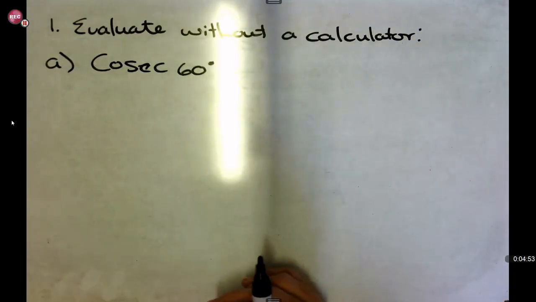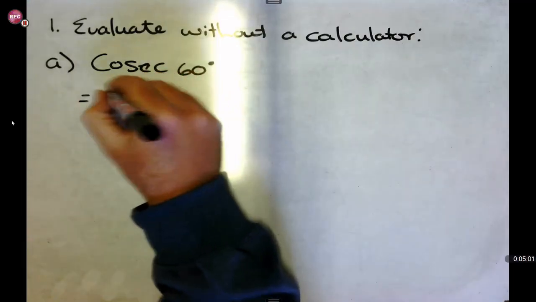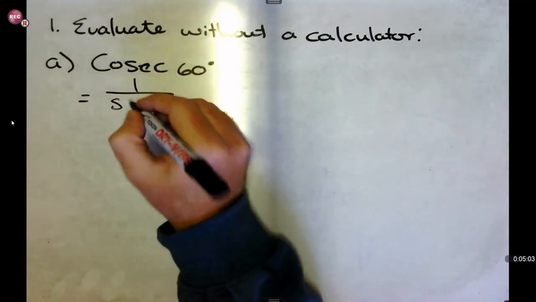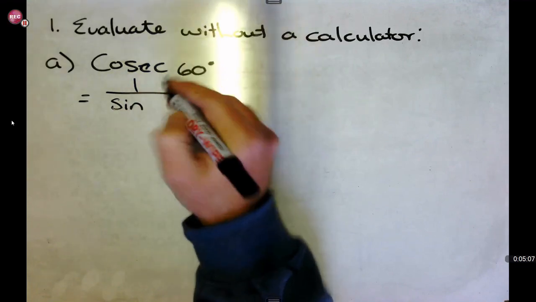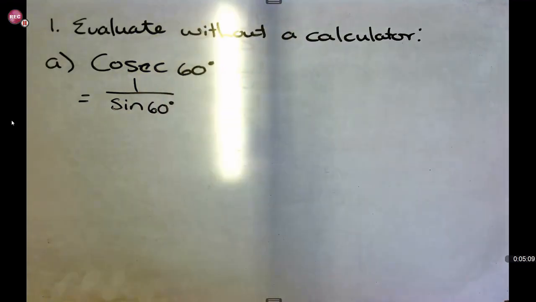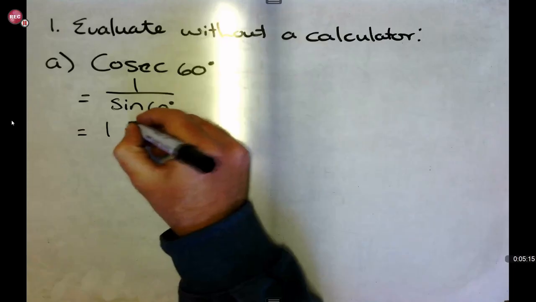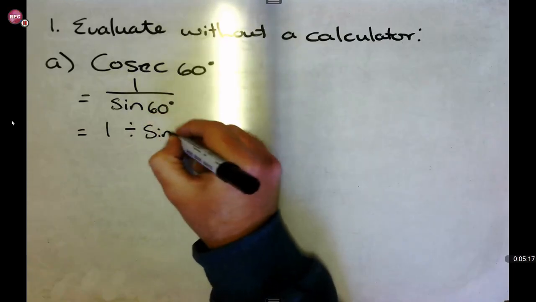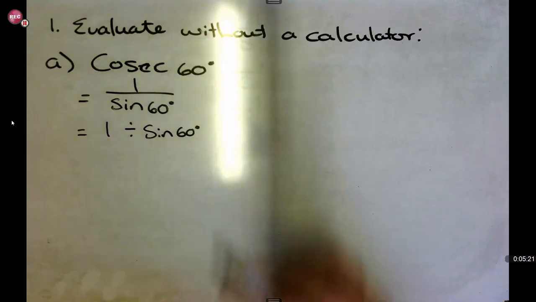It means you need to go and solve it, but you need to use that reciprocal function that I've given you. Okay, so basically what happens now is you're going to say 1 over, and the reciprocal for cosec is sine, and you use the degrees, you say 60 degrees there. What will happen now is you have to rewrite this. So you're basically going to say 1 divided by sine 60 degrees.